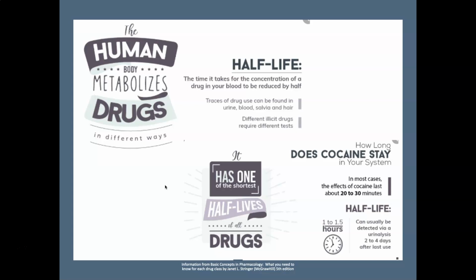Okay? So even though the effects fade in a short period of time, the concentration of that drug, cocaine, in your system is a first order kinetic, so the half-life is constant and can usually be detected 2 to 4 days after the last use.